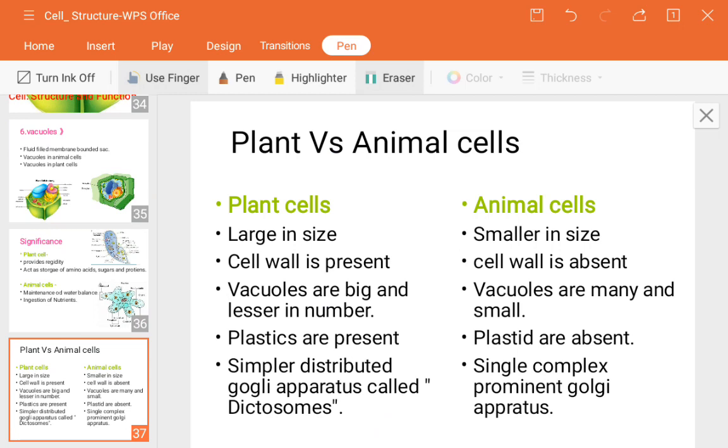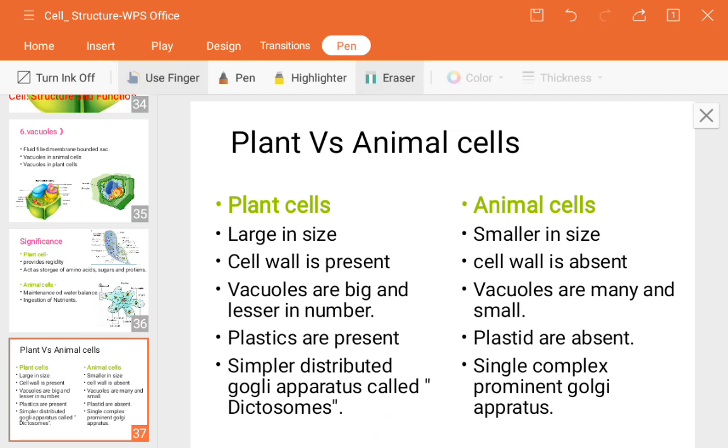In the case of animal cells, the vacuoles are many in number and very small, because many of them can accumulate in a particular cell, as they have a small size. In plant cells, the plastids are present because they are able to synthesize food material.